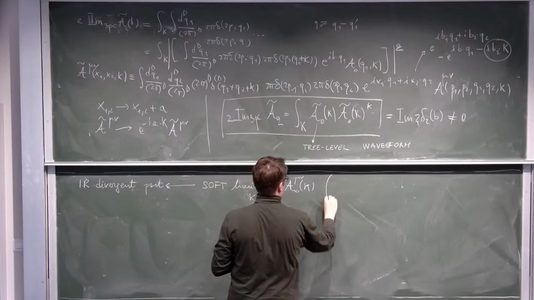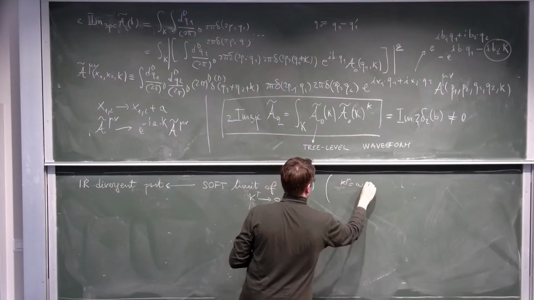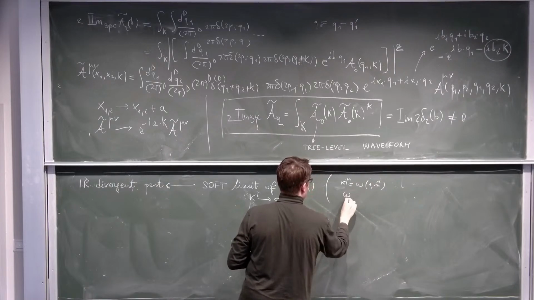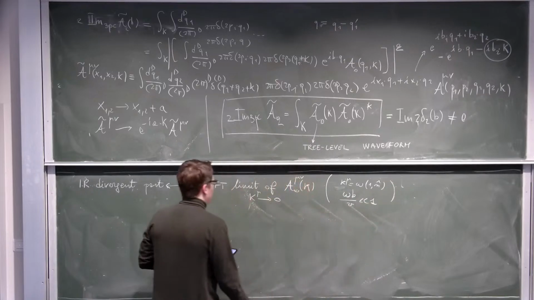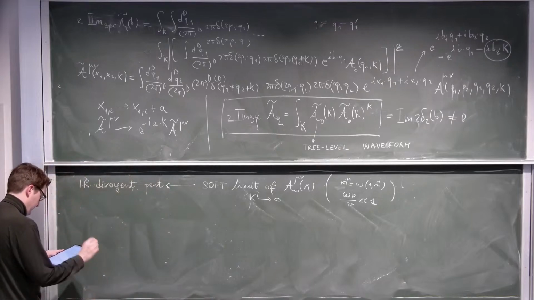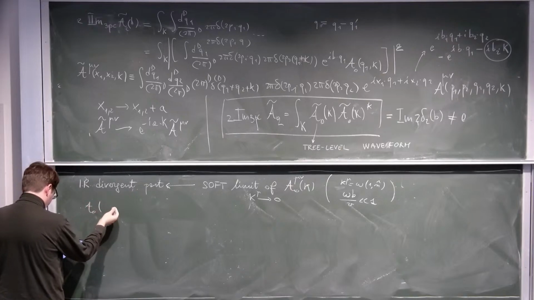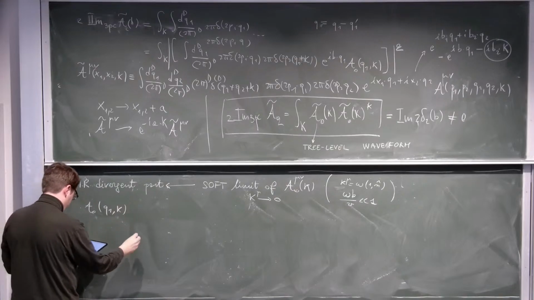If you want, the regime in which the frequency, this k mu is some frequency times a unit vector, the limit in which omega times b over the velocity is much smaller than 1. So let me try to discuss this. So the first statement is that in this limit, the amplitude simplifies considerably, thanks to the Weinberg soft theorem.